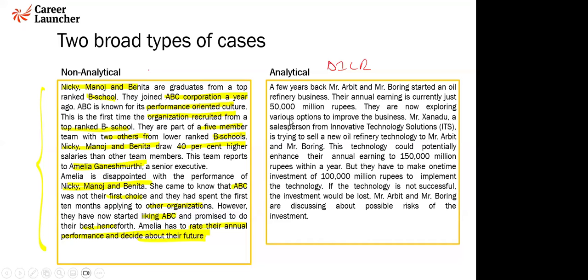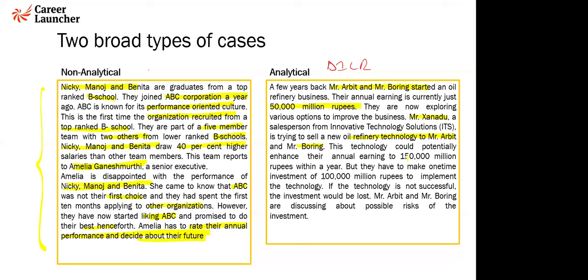If you look at the second one, it is a number-based thing. Mr. Arbit and Mr. Boring started an oil refinery business. Annual revenues of 50,000 million. They're expanding and exploring various options to improve business. Mr. X, a salesperson of ITS, is trying to sell a new oil refining technology to both of them.